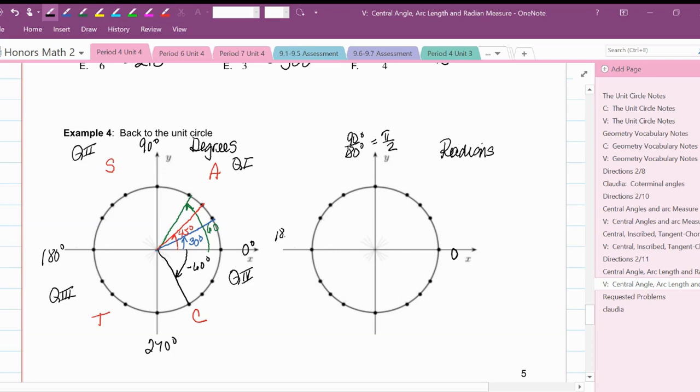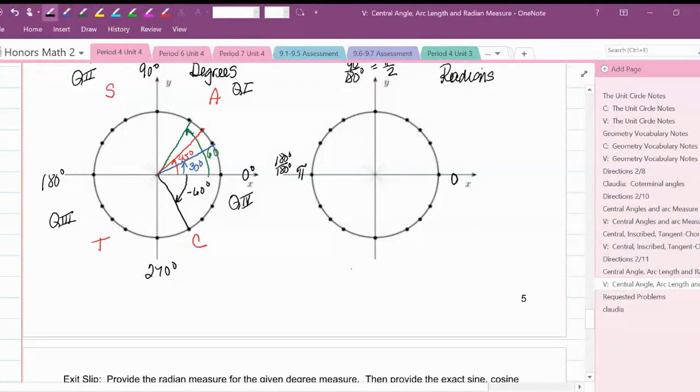This is 180 over 180, so that would just be pi. This is 270 over 360, which is going to be 1.5 or 3/2 pi. And then when we come back around, of course, that would be a total of 2 pi radians.